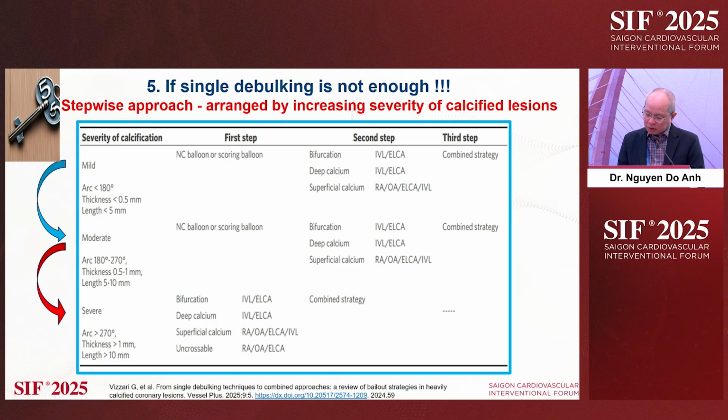We may combine rotational atherectomy followed by lithotripsy, which we call rotatripsy, or we can use a high pressure balloon, bossed atherectomy, or a cutting balloon plus IVI. I think it's flexible, depending on the situation you have, and you will choose case by case which one is best for lesion preparation.